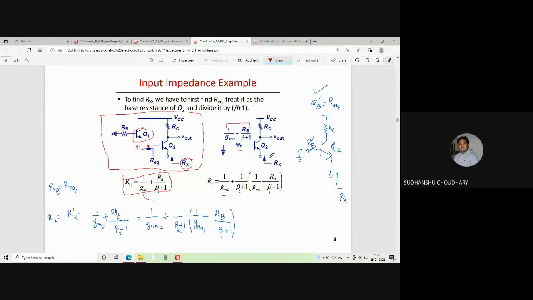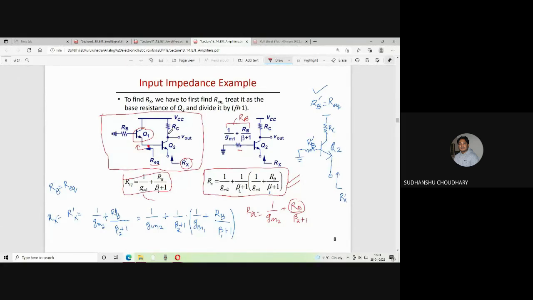So Rx would be 1 by Gm2 plus Rb by beta 2 plus 1, and what is this Rb? Rb is this. If I put this in place of Rb, I get the total input impedance equal to this much.